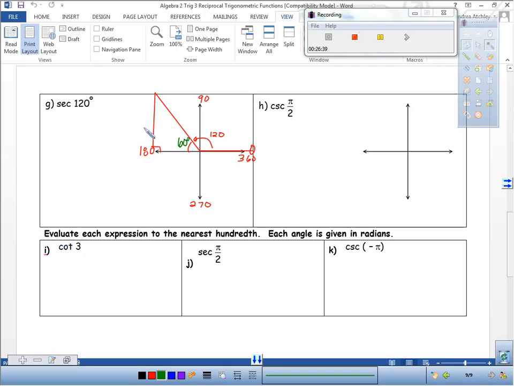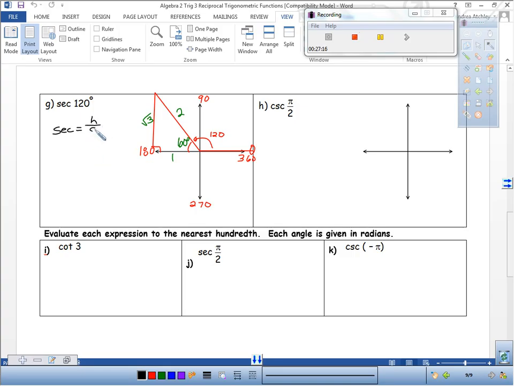Catherine, what goes here? What's my ratio that goes here? Very good. Square root 3. What goes here, Catherine? And what goes here? Very good. Nick, what does secant equal?